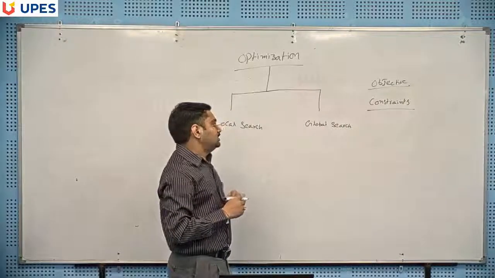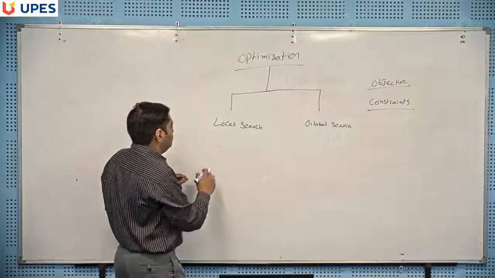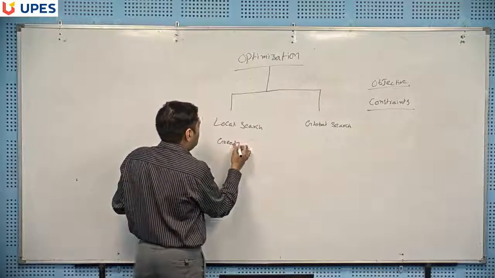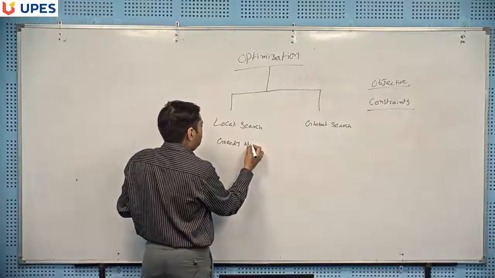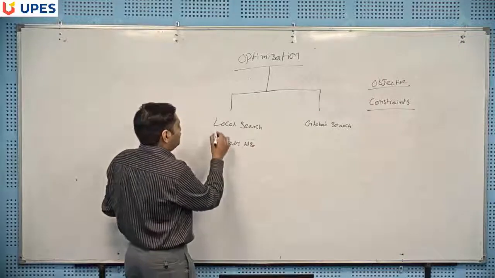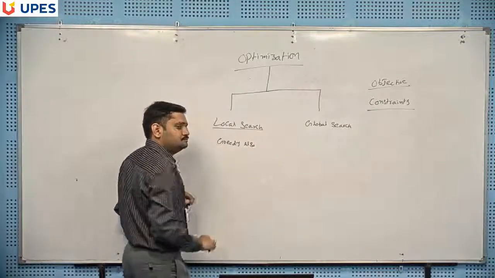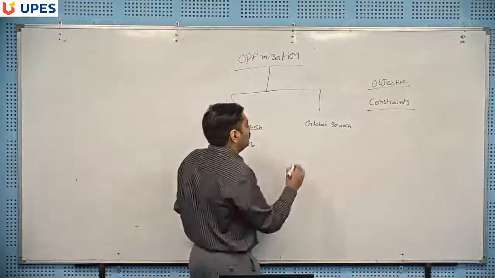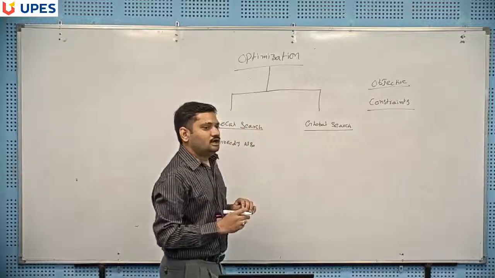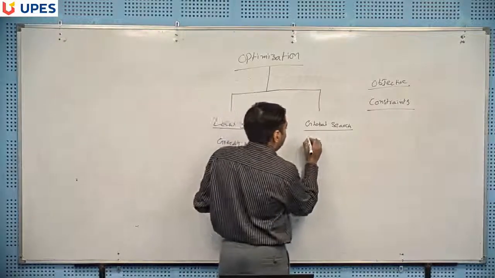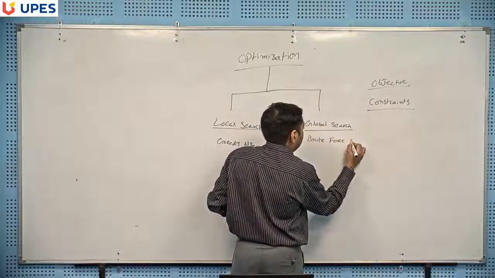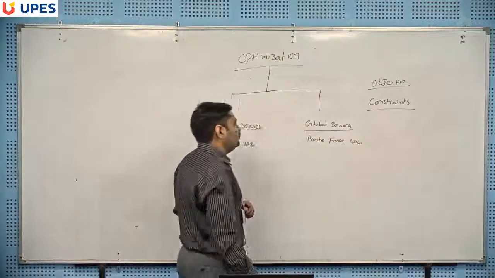In local search algorithms, an example is the greedy algorithm. Global search algorithms will explore, for example, brute force algorithms.